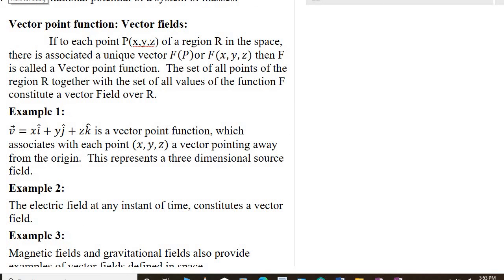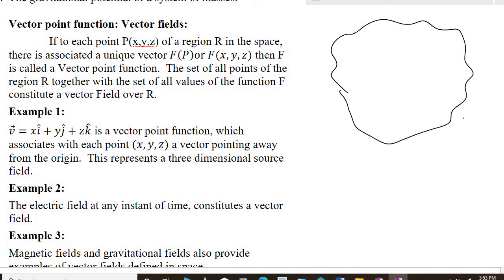Now I am going to explain vector point function and vector fields. Similar to scalar point function and scalar fields, here also we are considering a region capital R in space. This region contains points. Suppose x, y, z be any point in this region.